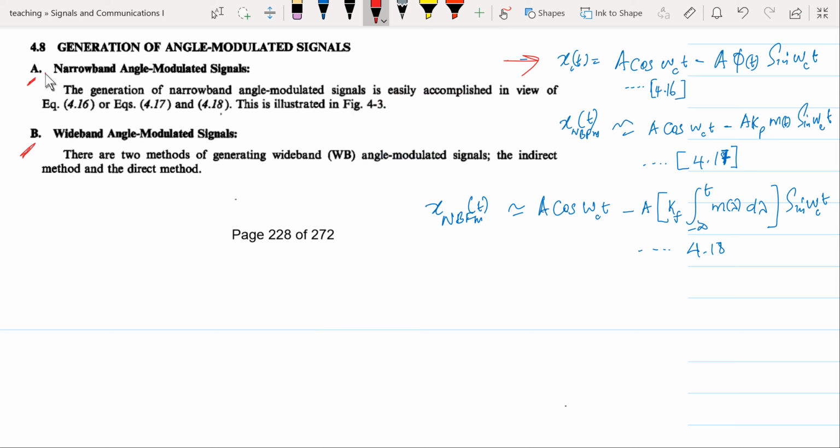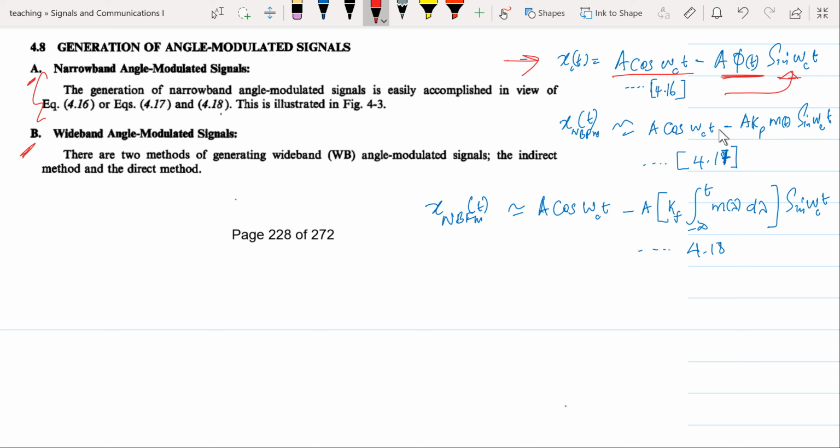To start us off, we require equation 4.16 that we defined as one unmodulated carrier added to another modulated carrier that is a function of phi of t, whose sinusoidal component has been phase shifted by 90 degrees, as defined in equation 4.16.